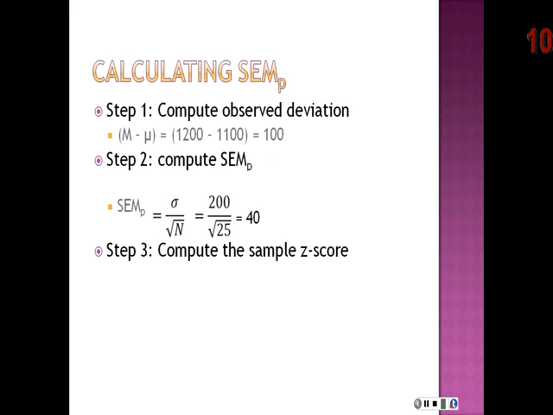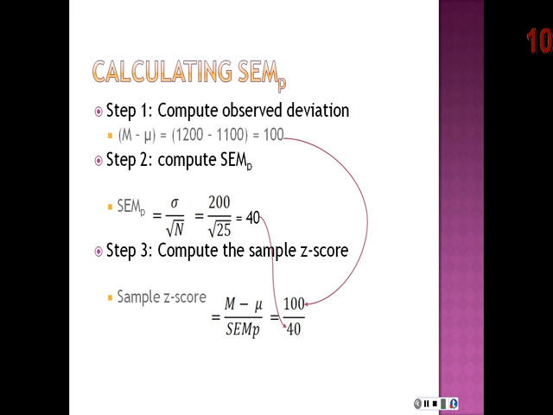Step 3, we compute the sample z-score. We essentially do the same thing, just like we calculated a z-score for individuals. This is slightly different because this is a z-score for a sample, not individuals. But you can sort of think of it as an individual sample, if that helps.